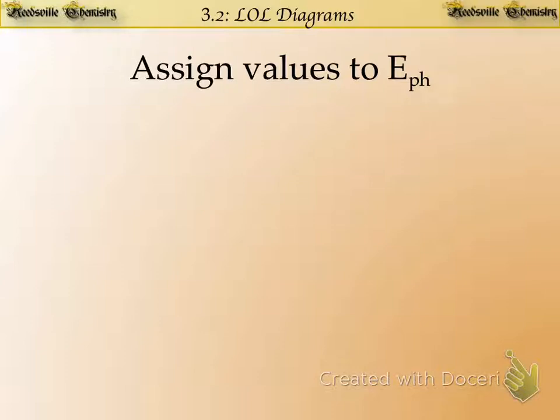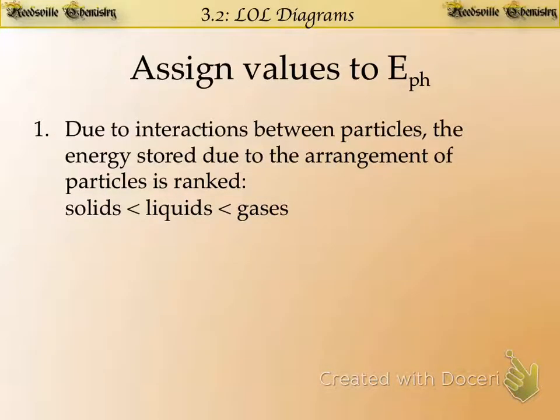Next, let's assign some values for EPH. What was EPH again? Yeah, phase energy. That's right, phase energy. Now, due to interactions between the particles, the energy stored due to the arrangement of the particles is ranked as follows. Solids have less energy than liquids, and liquids have less energy than gases.